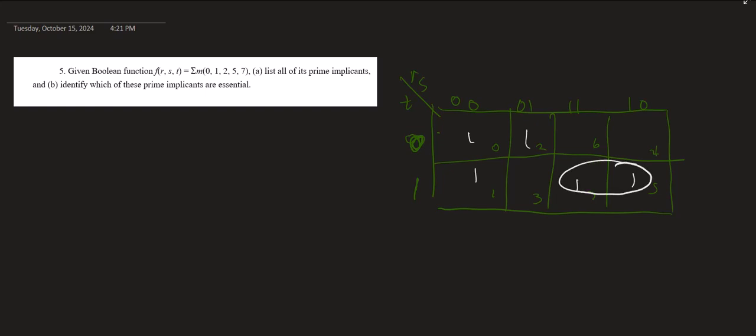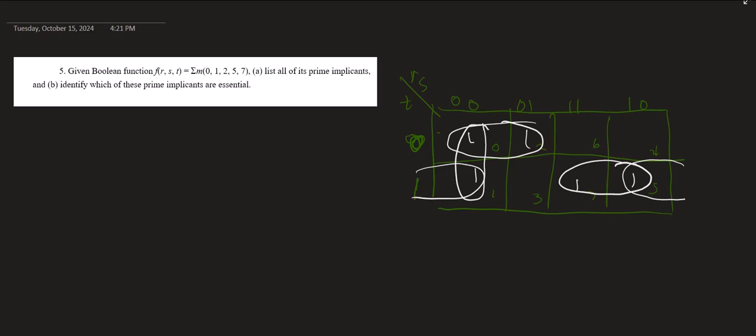And it can't be completely contained in any other implicant in order to be a prime implicant. And actually, none of those are completely contained in any other implicant. It can be partly contained in one and partly contained in the other, but it's not inside of any one.